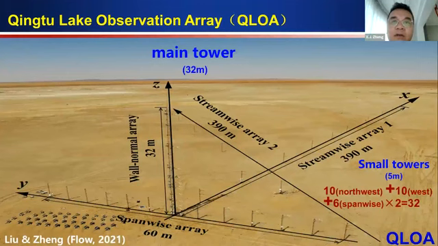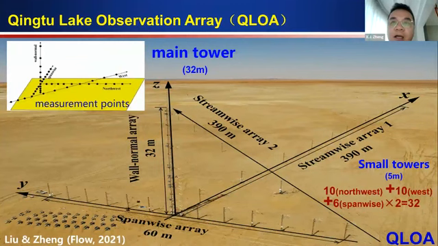QLOA consists of a main tower of 32 meters and 32 small towers of 5 meters. More than 10 kinds of instruments were installed on the tower to realize multi-element observations.